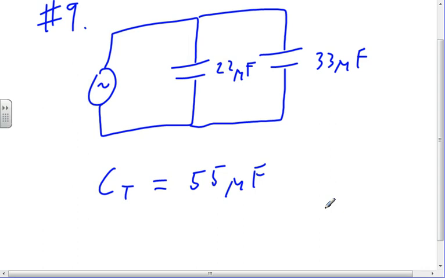Number 19. Determine whether or not a 50-volt capacitor can be used in the circuit shown below.